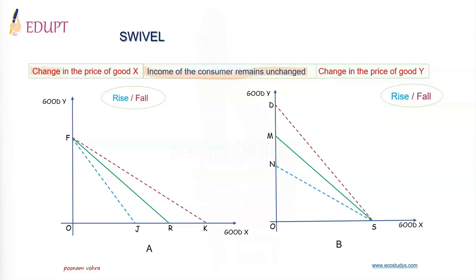The change can either be rise in the price of good X or in the price of good Y, or fall in the price of good X or in the price of good Y. Now when there is rise in the price of good X, that means now initial budget line is given by FR, implying OR of good X and OF of good Y is being purchased.